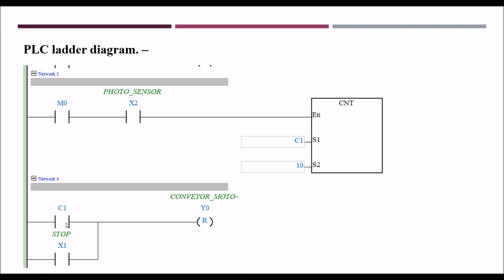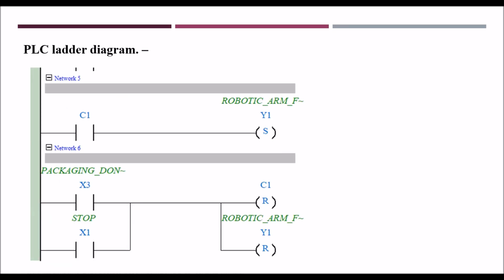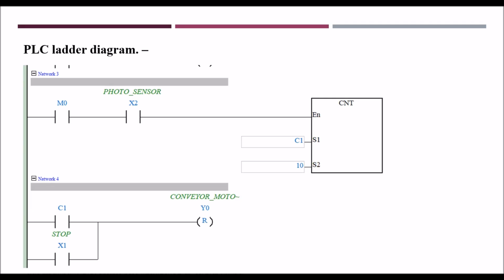See here, when C1 is high, the conveyor motor is reset. Again when the counter value is 10, when C1 is high, then the robot arm is going to turn on. When the packaging done sensor is sensed, then the robot arm is going to reset, and the counter value is also reset. Okay, so this is the ladder logic.